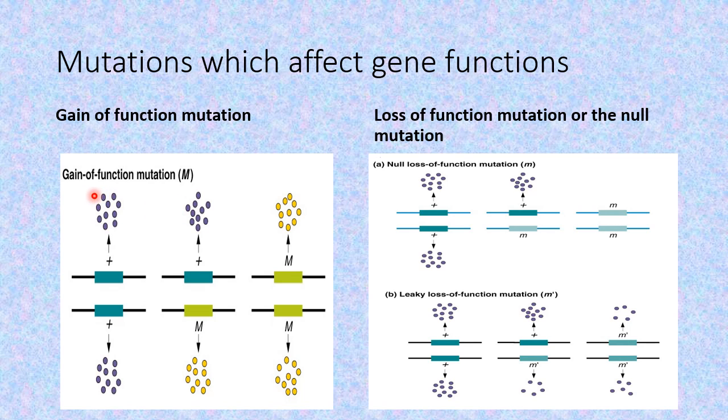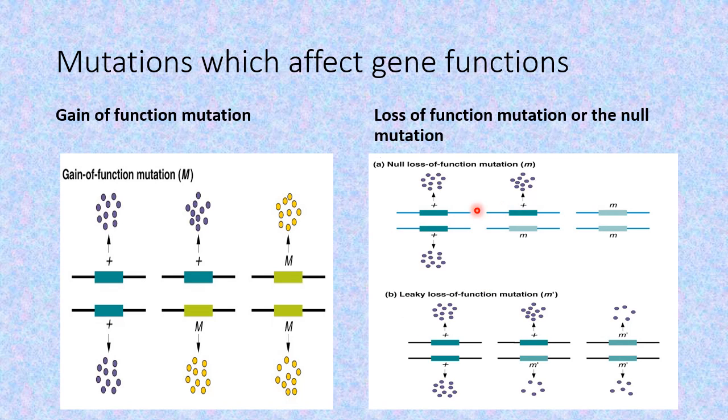So one type of function is being replaced by another type. The function is there, yet we are getting the functional proteins. So this type of mutation is the gain of function mutation.